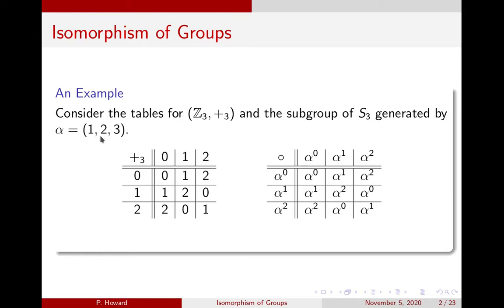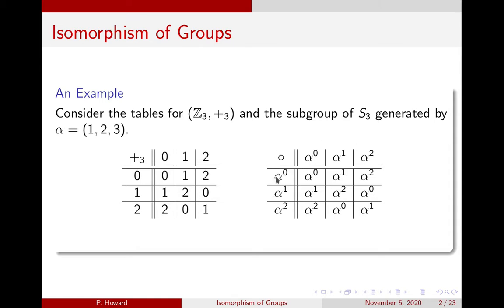Since alpha is a cycle of length 3, we know that the subgroup generated by alpha has three elements. They are alpha to the 0, which is the identity, alpha to the first, which is alpha, and alpha squared. So I've used those names as the row headings and the column headings in this table.